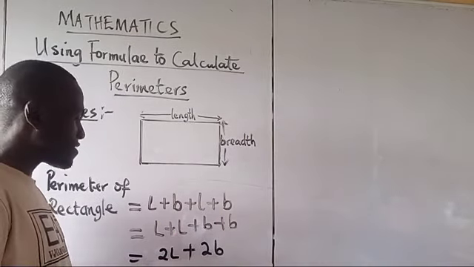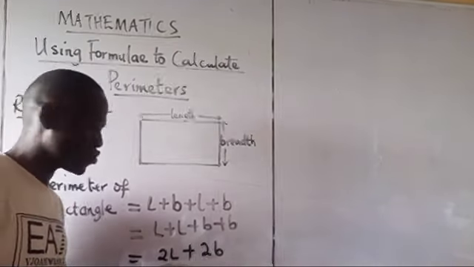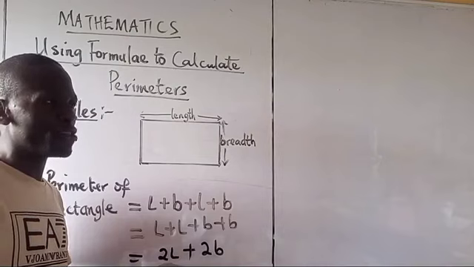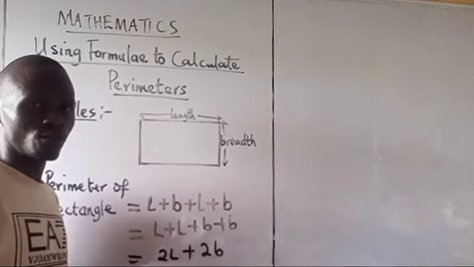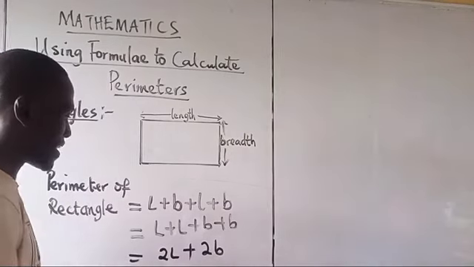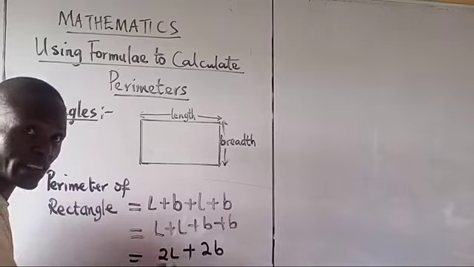So this is a formula that we can use to determine the value of the perimeter of the rectangle. But we can further make it look simpler by factorizing it.